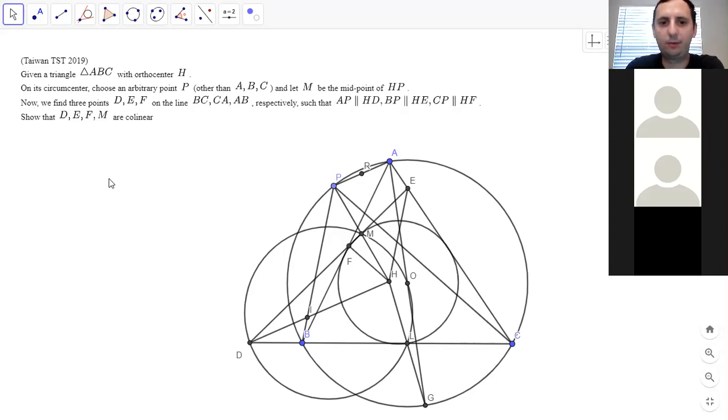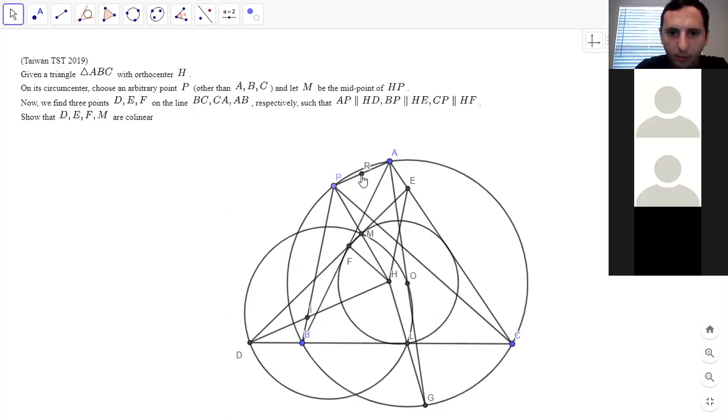We only really need to show 3 of them are collinear. Maybe if you do a homotopy about H, you could reflect H over points E and F, and then try to show those are collinear. What could you do with the midpoint of AP?